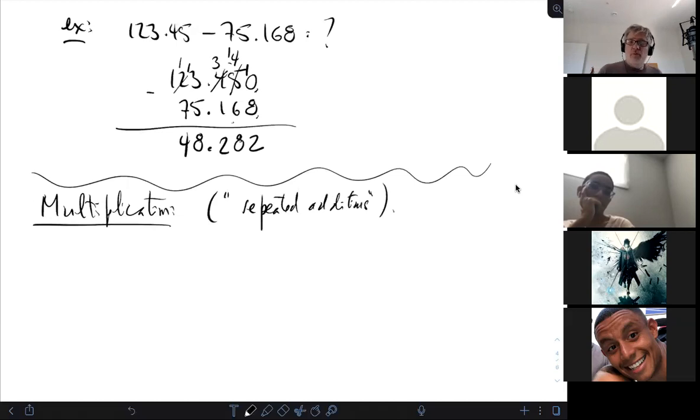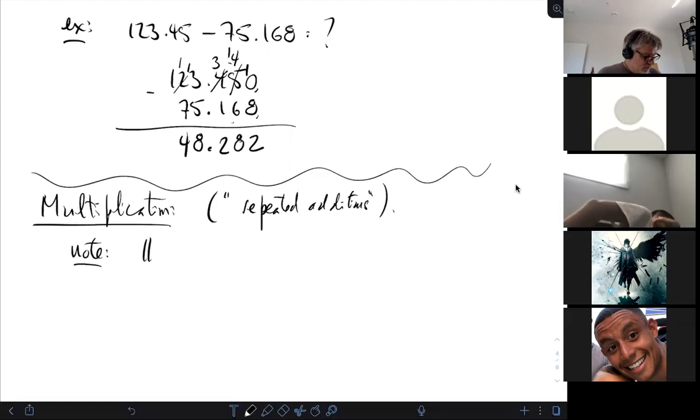So the decimal point here, it's not a question of aligning at all. It has nothing to do with it because we're multiplying. It goes as follows, and I'll explain in more detail once I've done the example. But in principle, you might remember this: if you want to multiply two numbers, you don't care about the decimal point. But if you want to know the position of the decimal point in the result, then you look at your two factors.